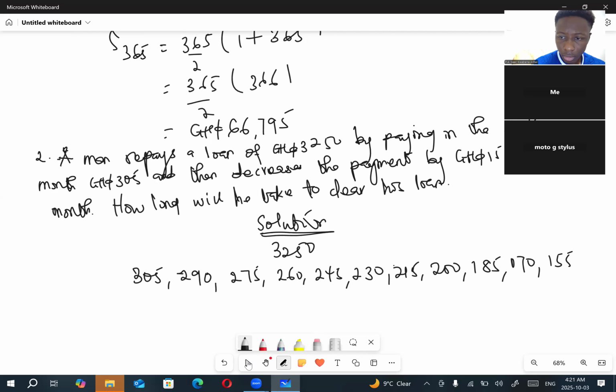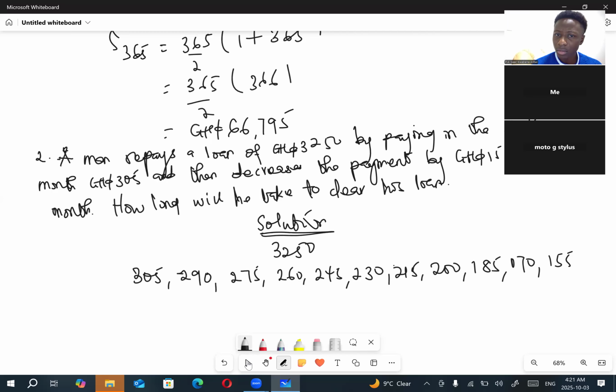Plus 170. 2130. How are you guys adding? How am I getting 2960 and you are getting 305 plus 290 plus 275 plus 260 plus 245 plus 230 plus 215 plus 200 plus 185 plus 170 plus 155, 2530?